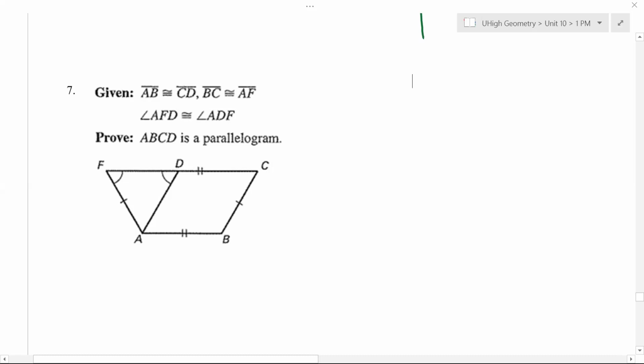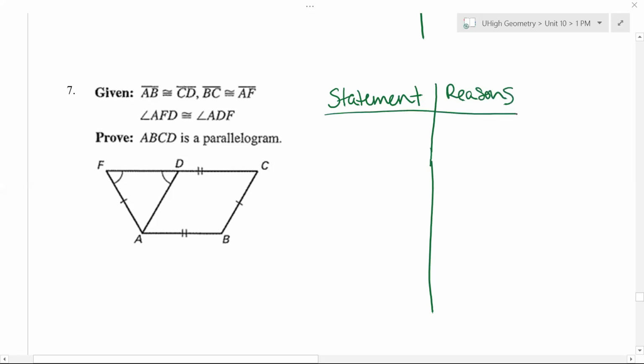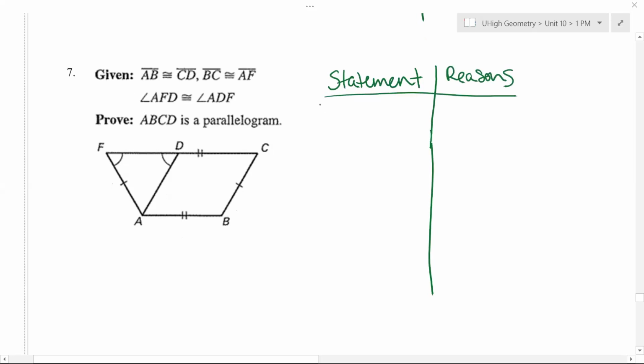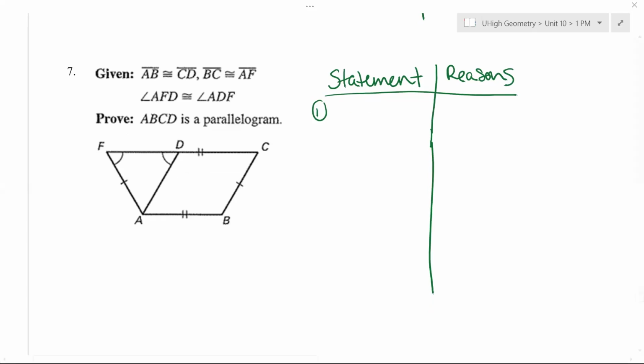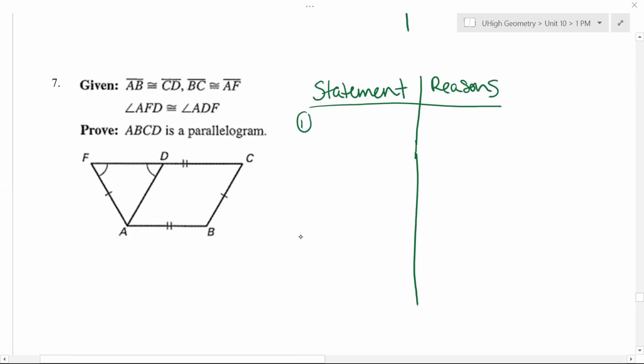Okay, so number 7, I'm going to set up my statements, and I'm going to set up my reasons. For my statement number 1, I'm just going to write all of my givens. To reread this problem with you guys, I'm given that segment AB is congruent to segment CD.